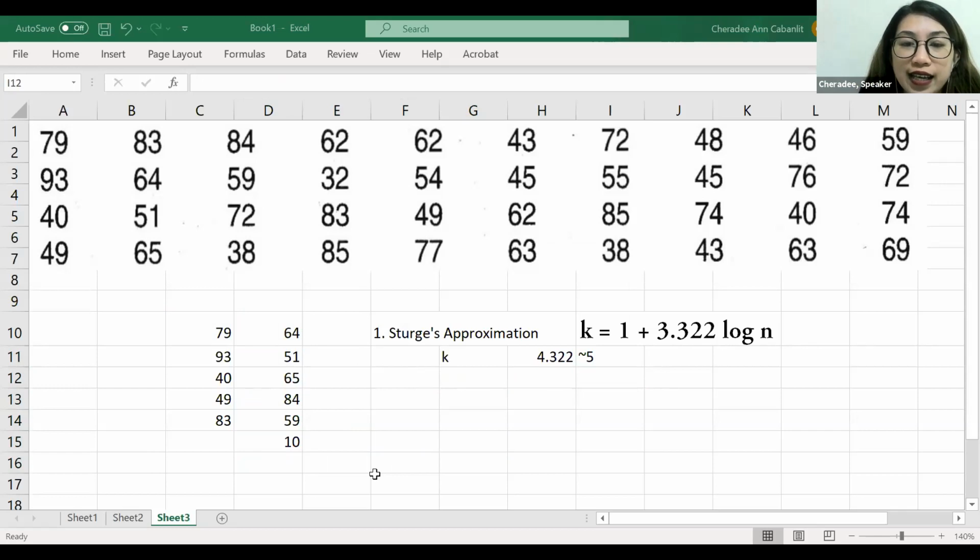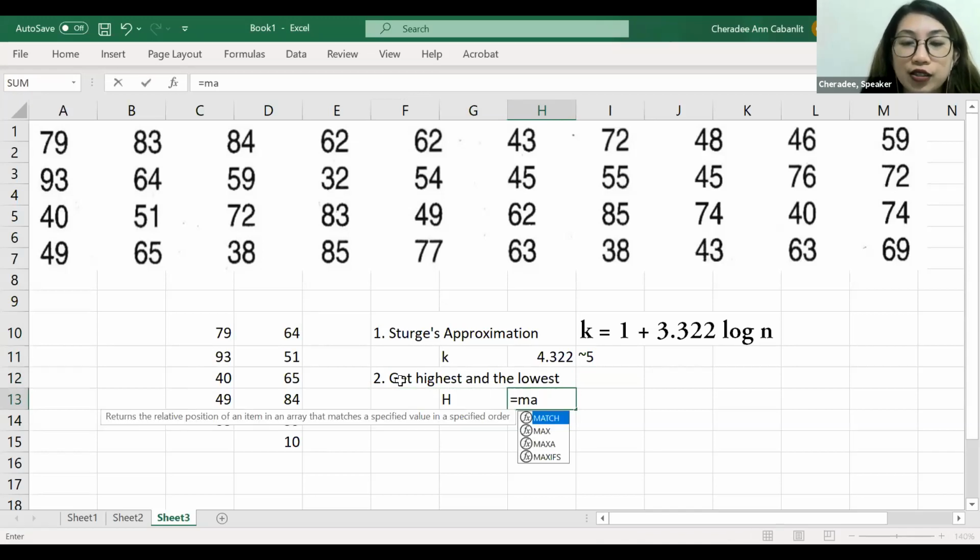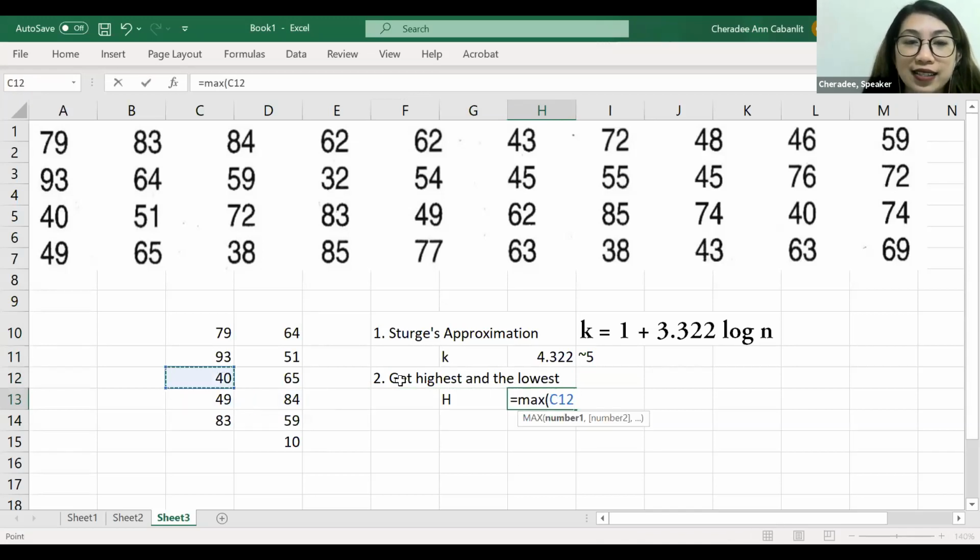So which one is the highest, guys? The second step is to get the highest and the lowest. Your highest is your maximum, right? In Excel, we have max.